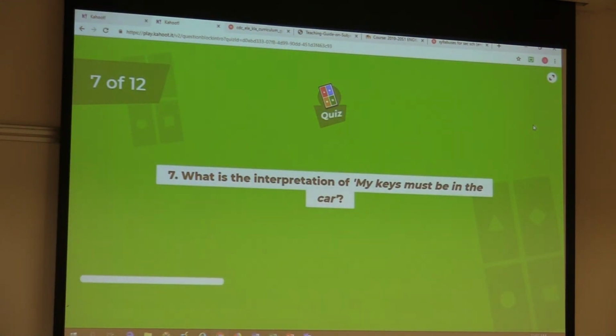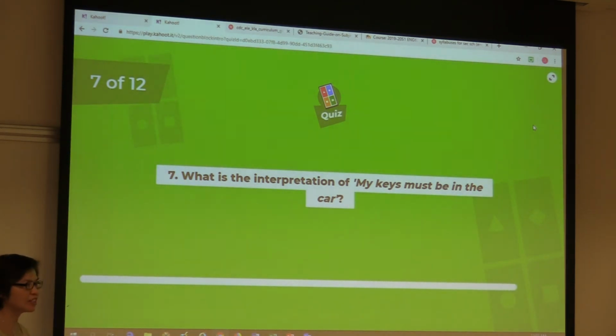What is the interpretation of my keys must be in the car? What is the meaning? My keys must be in the car.